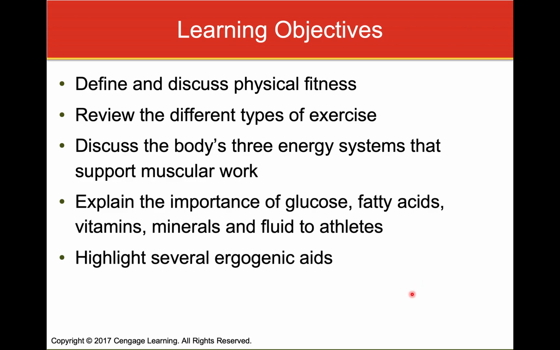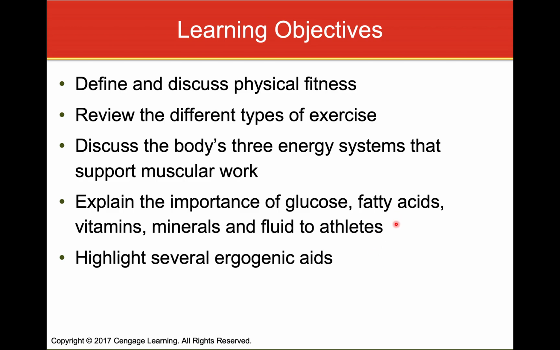So our learning objectives with this chapter: we are going to start out by defining and discussing the concept of physical fitness, what it means to be physically fit. Then we're going to review the different types of exercise, looking at resistance training and endurance exercise. From there, we'll move on to the body's 3 energy systems that support muscular work, how we produce energy to keep up with the exercise that we're doing.